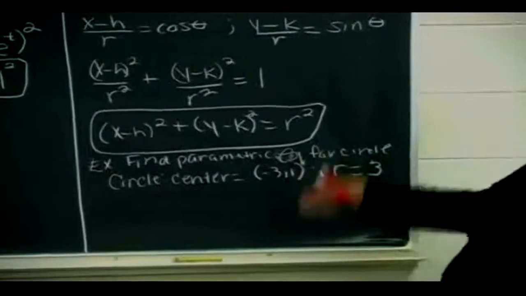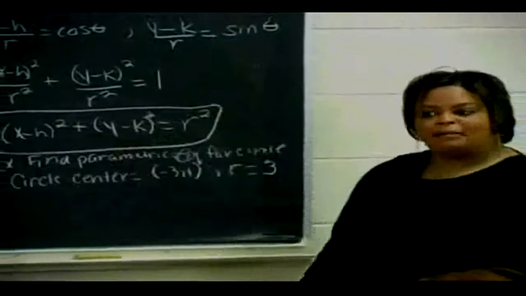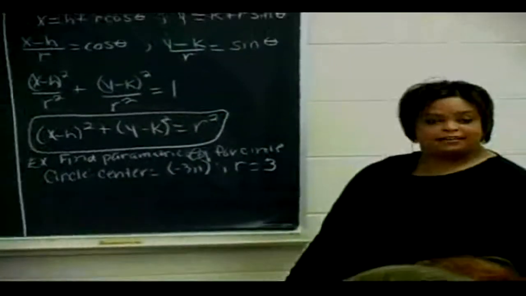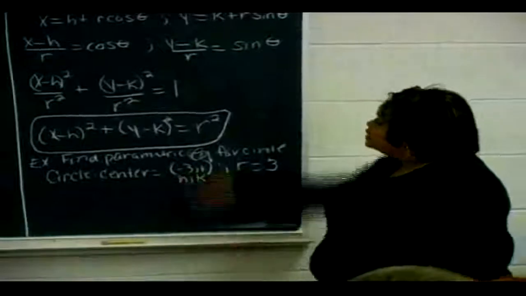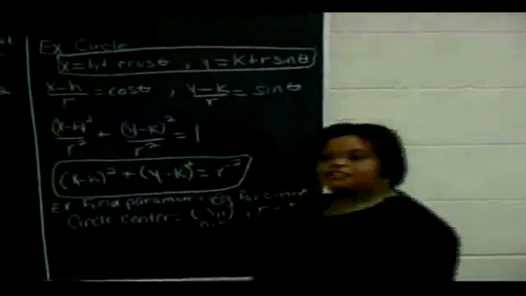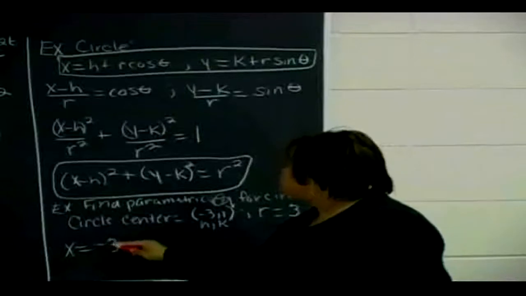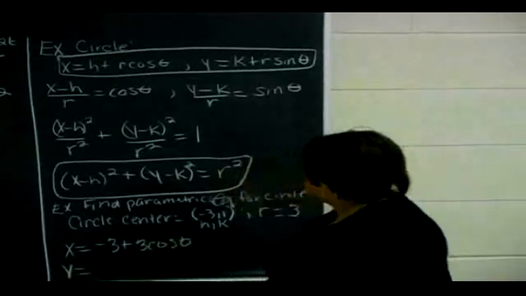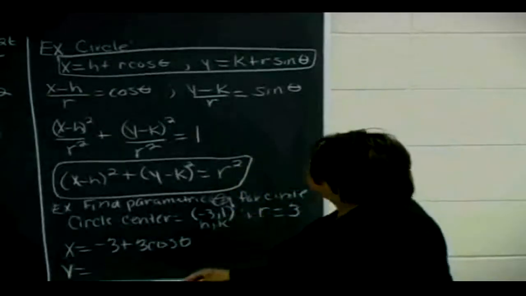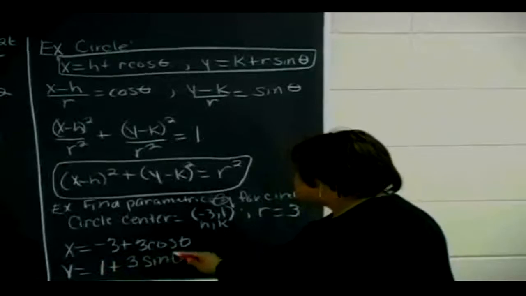So knowing that, based on the information from the previous example, I can find my set of parametric equations, can I not? Because my center is what? (h, k). So this gives me the equation for my what? Parametric equations. So x will be what? h plus r cosine theta. The center of the circle is at (-3, 1). And k, or y, will be k plus r sine theta.